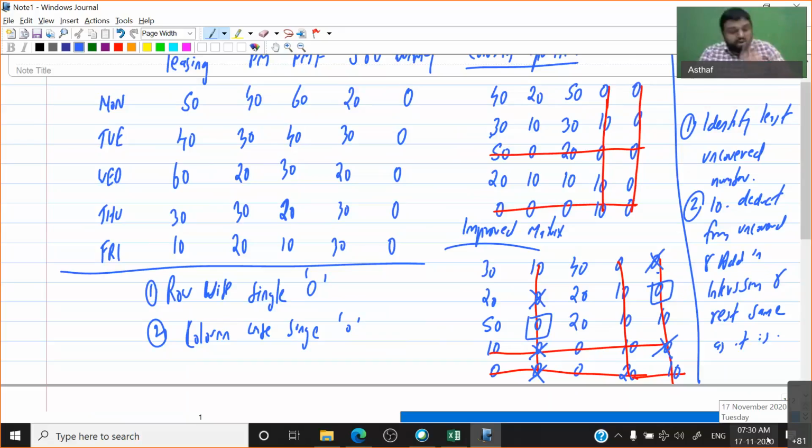Now in the first row, since that zero is dead, only one zero is left. What is our principle? Row-wise single zero. Yes, so we allocate it. How interesting. Now what is next? If you go to the fourth row, we have only a single zero.